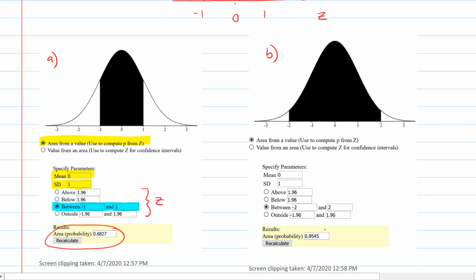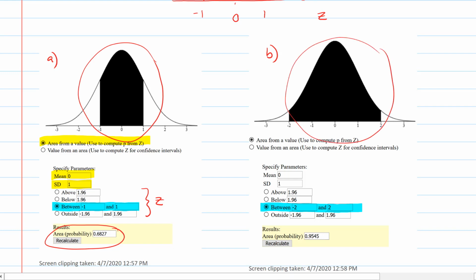And then for 2 standard deviations, that's part B over on the right-hand side. Everything else is the same except that I've chosen between -2 and 2. You can see from the picture that really we have most of the area shaded in the first one and almost all of the area shaded in the second one.